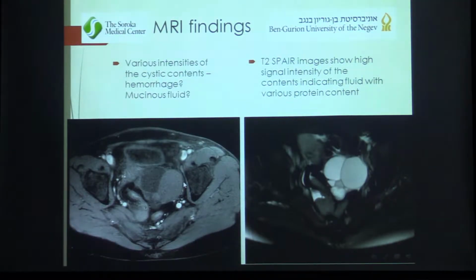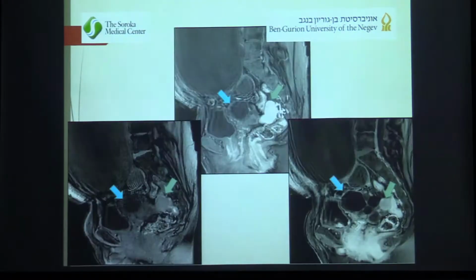We see again in the left multicystic mass the various intensities of the various cysts, both on the T1 and on the T2 images. So this would be more of a fluid density, and this would be more of a thick mucinous fluid, since we've ruled out hemorrhage on the T1.